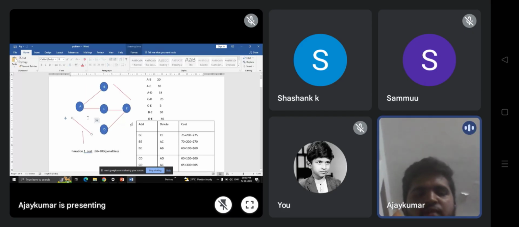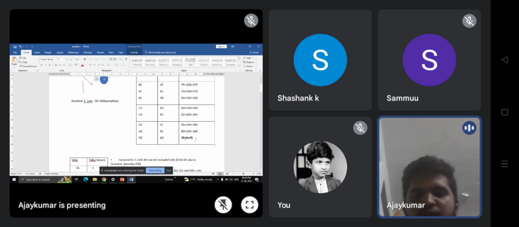We don't have AD, so the first constraint is not violated. And among the three restricted edges, AB, AD, and CD, we have only one edge, so there is no penalty. So penalty is 0 and cost 75.